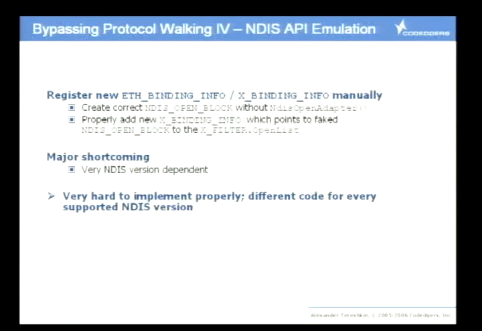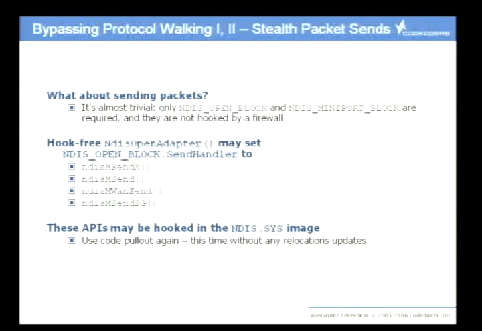The major shortcoming of this method is that it's very NDIS version dependent. So the receive packet techniques are more or less clear now, and I'll move to stealth packet sends.